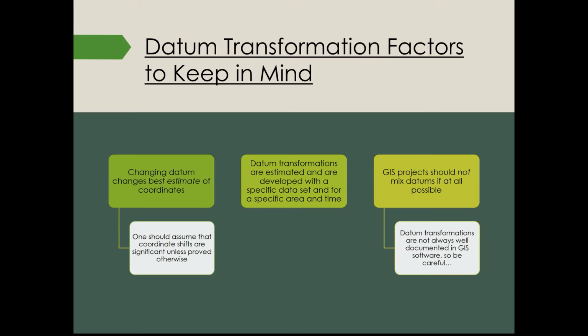Datum transformations are estimated and are developed with a specific data set and for a specific area and time, meaning that how long it's been since it was done has an effect on what it's going to be like today. GIS projects should not mix datums if at all possible. Datum transformations are not always well documented in GIS software, so do be careful.